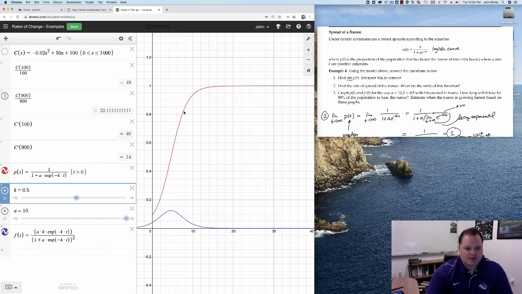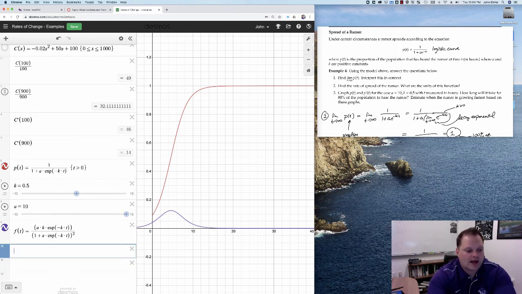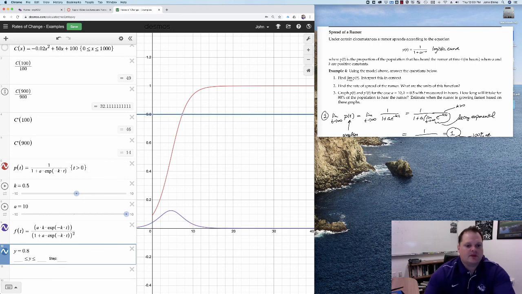So 80% of the population would be 0.8. If I just graph the curve y equal to 0.8, then that happens right here after about 7.378 hours. So about 7.4 hours into it, 80% of the population would have heard this rumor.